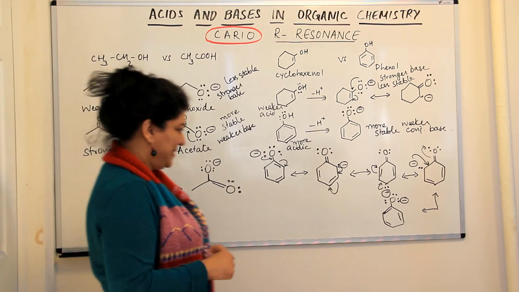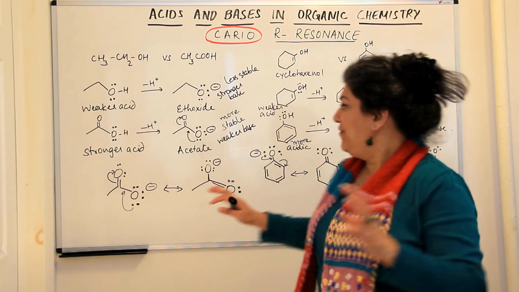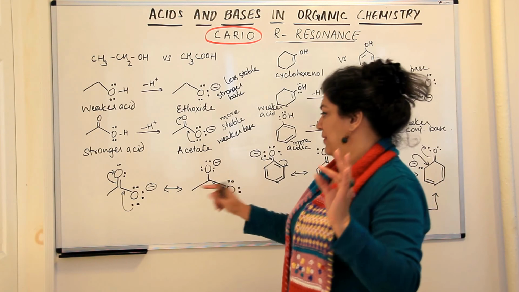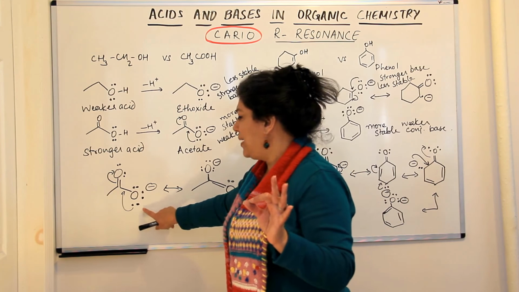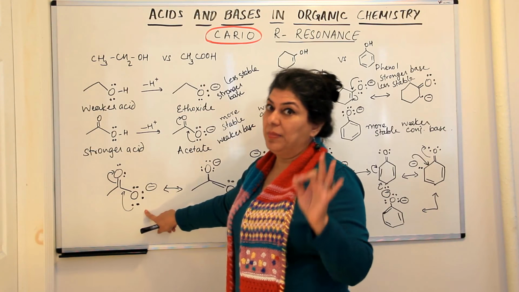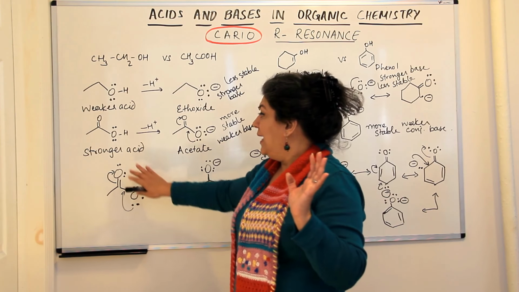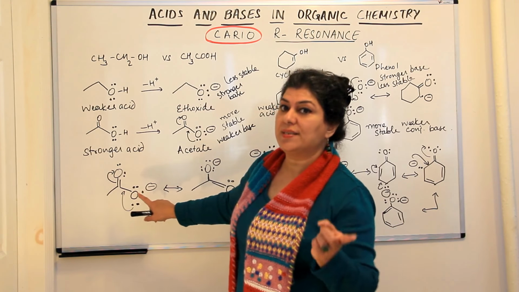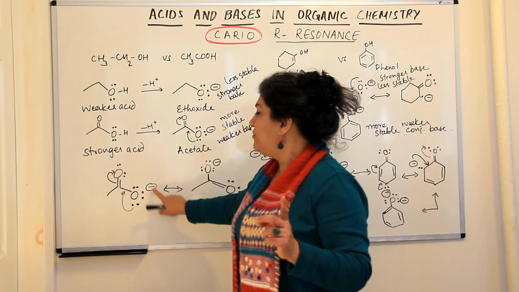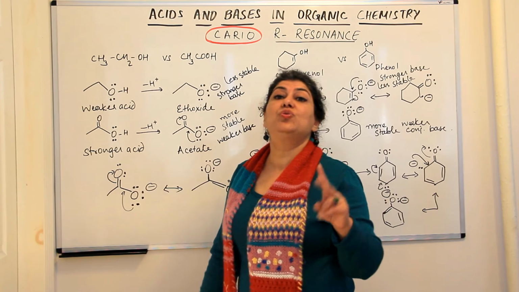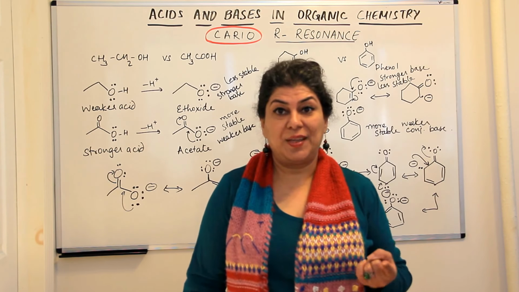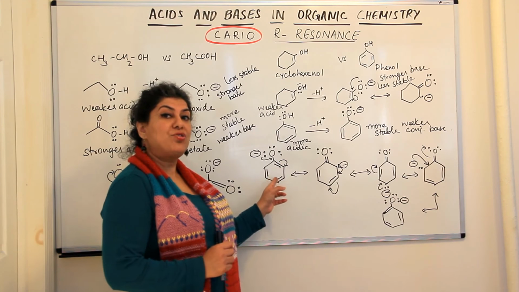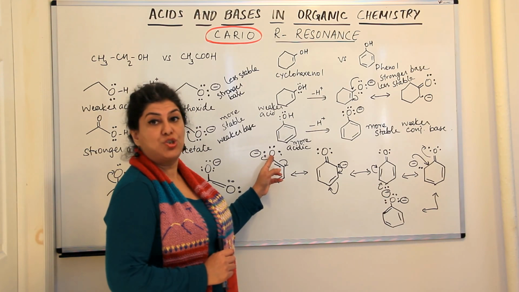This would be very interesting. Now, if we are comparing ethanoic acid to phenol, both of them have a single negative charge, both of them have the negative charge on oxygen, but there's a difference now. In ethanoic acid, the conjugation or the resonance is where the negative charge is shuffling between two oxygen atoms. While in phenol, there is only one structure where you have the negative charge on oxygen.